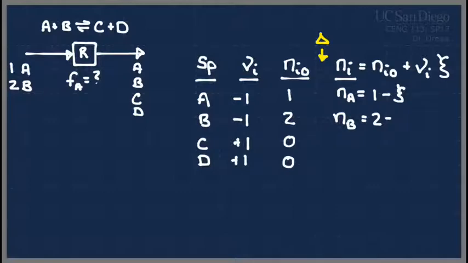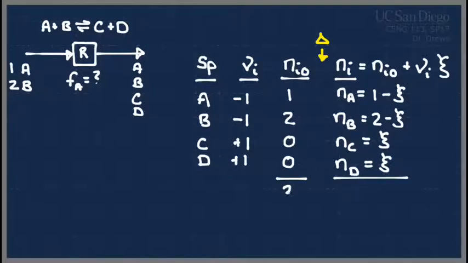I can't actually see that stoichiometry on my page. Moles of C, initially there's nothing, so we just make some at a rate of squiggle. Moles of D, we make some at a rate of squiggle. If we needed to, we could sum all these things up, right? Initially there was 3, coming out afterwards there's still 3.